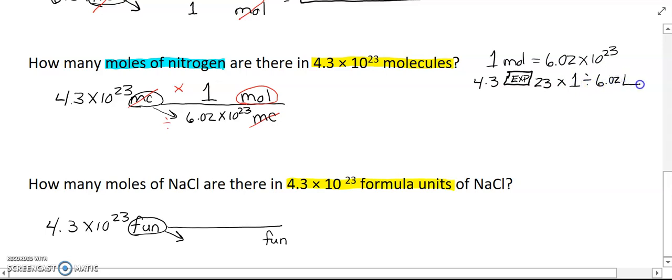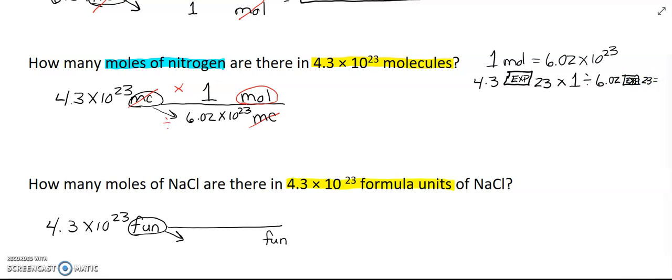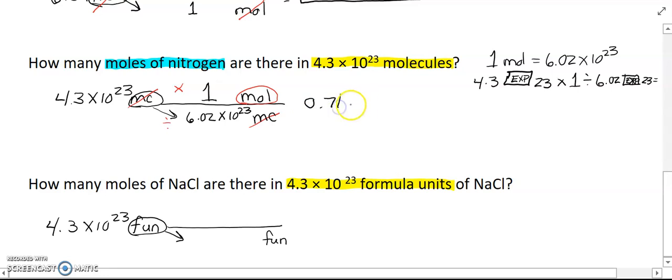And I'm going to use the same button, that EXP, and I'm going to say 23 before I hit my equals, and I should come out with the answer. So my calculator is going to come up with 0.71, and this is going to be moles.